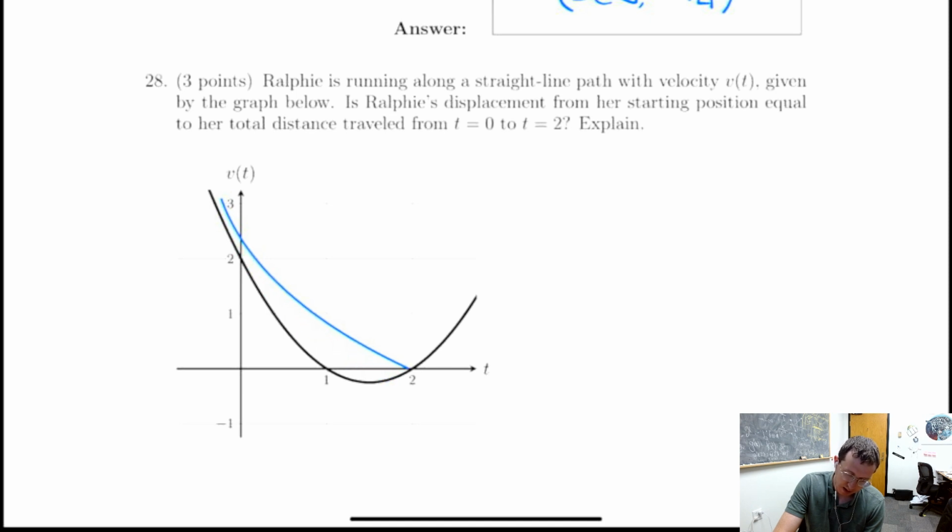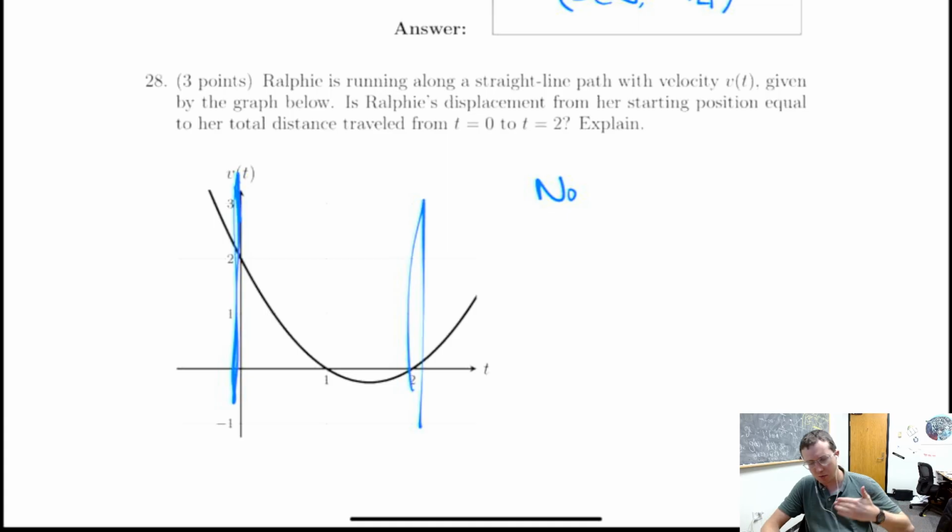Negative velocity, slows down and stops, and then continues moving forward, speeding up. So her displacement is not equal to her distance because she was going forward, but then turned around. We're only looking for from 0 to 2, so she was going forward, but then stopped, and then came back.